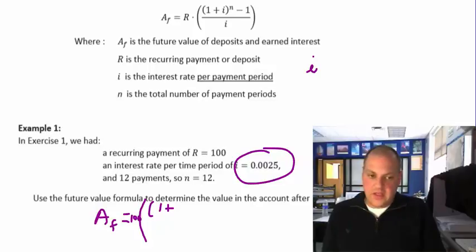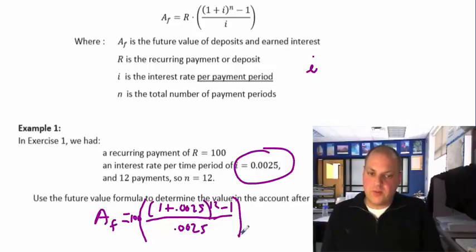That came from the rate of 3% divided by the total number of periods. So that came out to be 0.0025. And that's raised to the N. N is 12 because there's 12 payments, minus 1, and then divided by I, which is 0.0025.